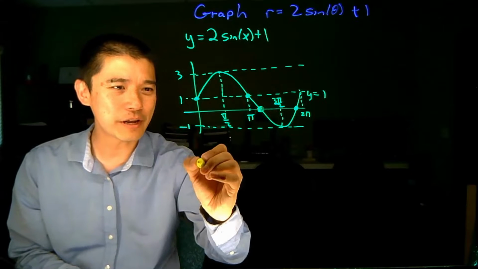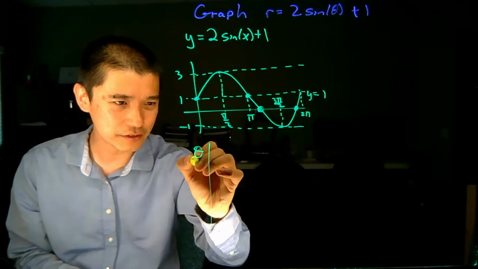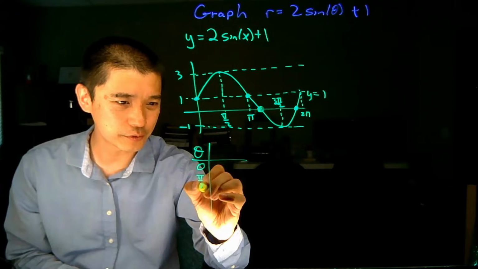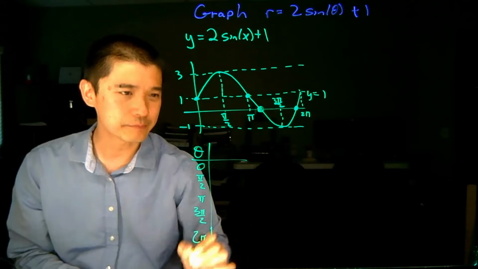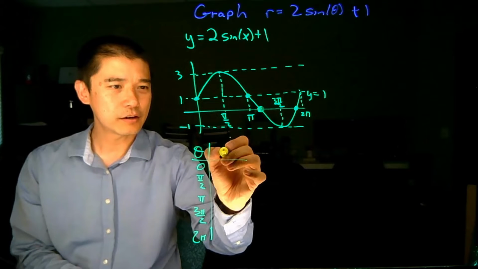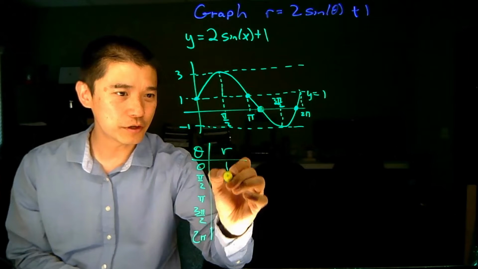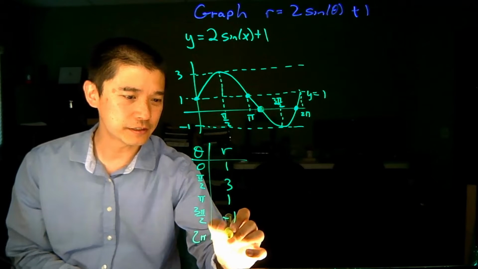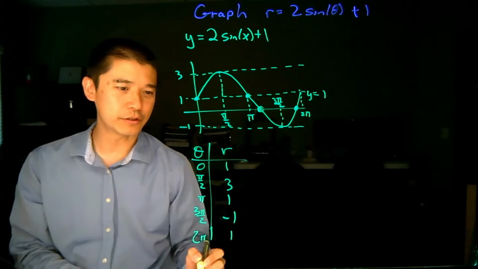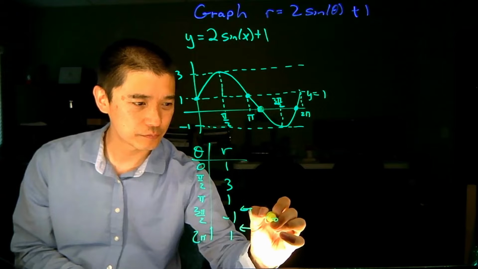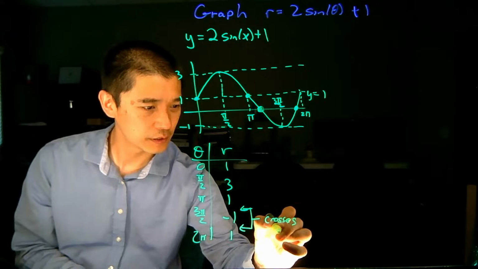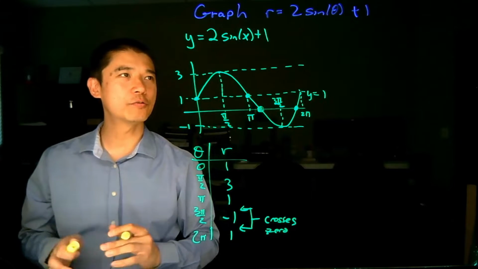And so what we have is our key values, 0, pi over 2, pi, 3 pi over 2, 2 pi. Our r values are going to start at 1, go to 3, back down to 1, negative 1, and back to 1 again. And the important thing here is that it crosses 0 somewhere. And we're going to see what that's going to do to our shapes.